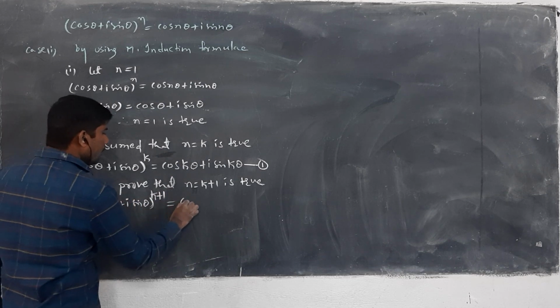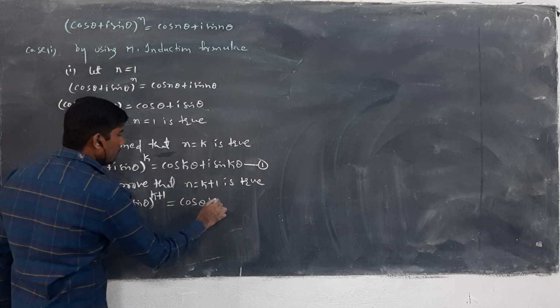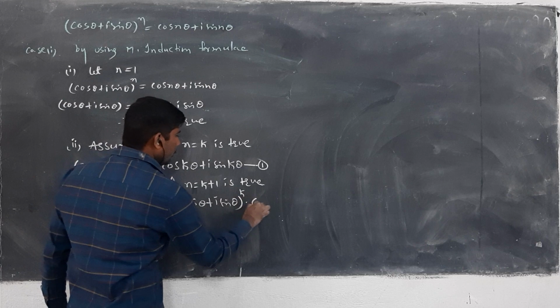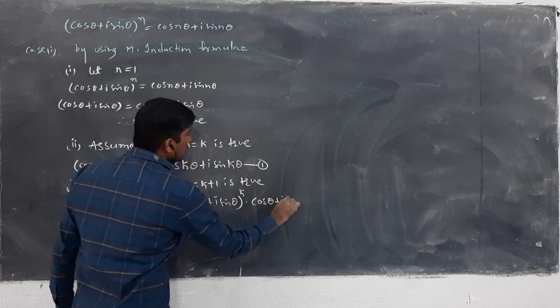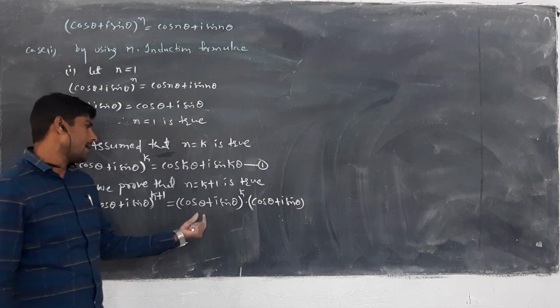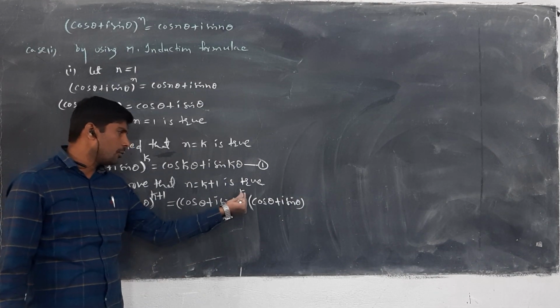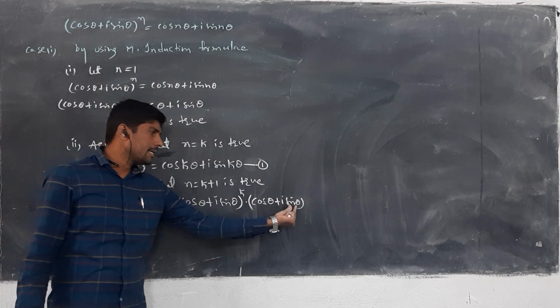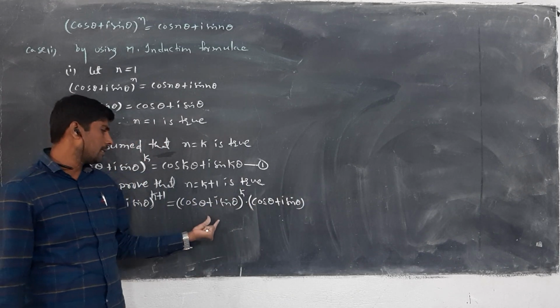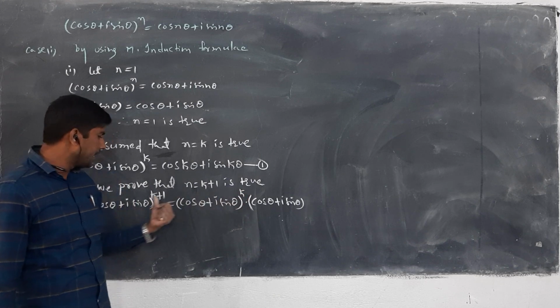We divide it into two parts: cos theta plus i sin theta whole power of k into cos theta plus i sin theta power of 1. Because bases are equal, powers are adding: cos theta plus i sin theta whole power of k plus 1.